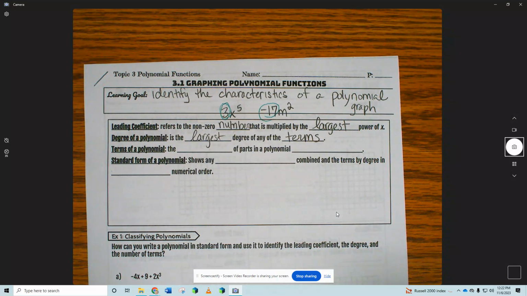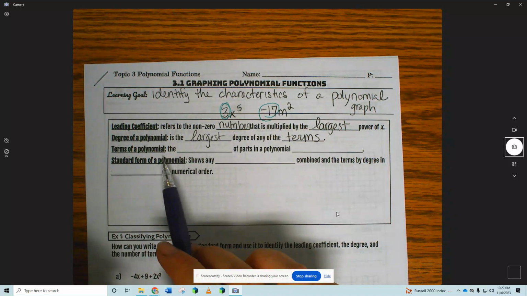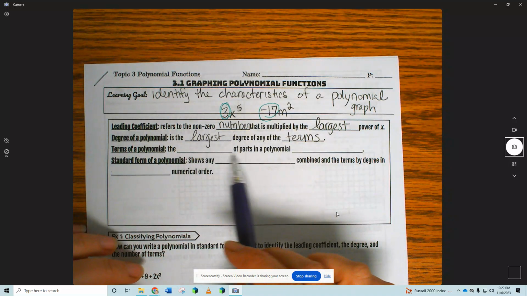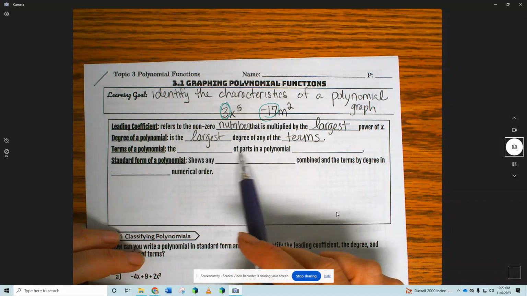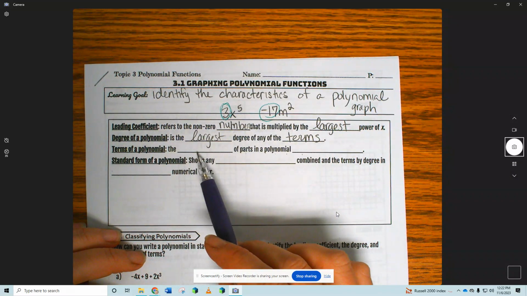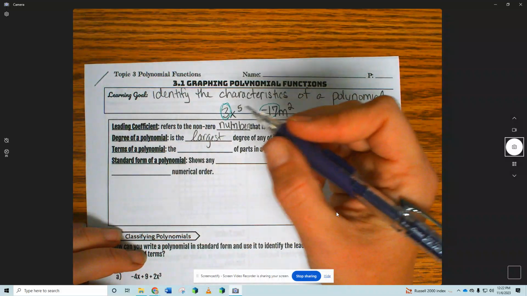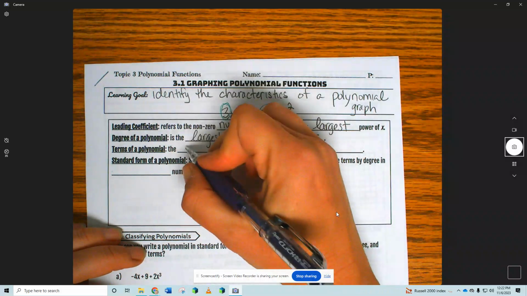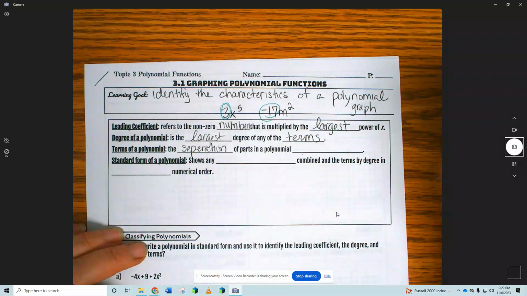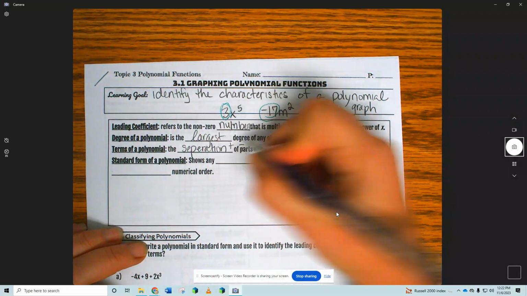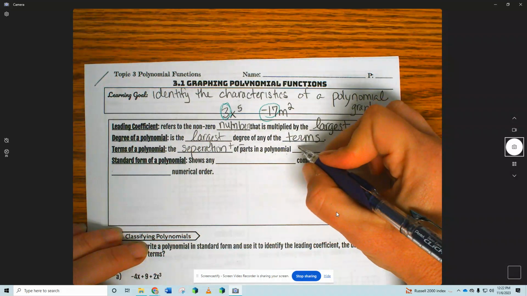Okay. Terms of the polynomial. Parts in a polynomial, the separation, and that's going to be like a plus sign or minus sign, of parts in a polynomial function.